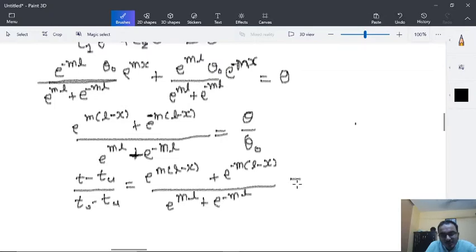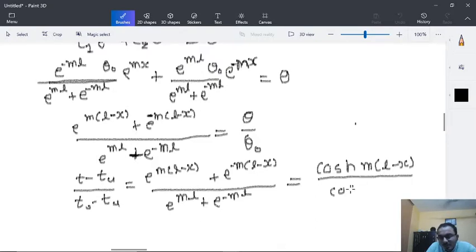So this is nothing but cos hyperbolic m(L minus x) divided by cos hyperbolic mL. So I would suggest you to do this portion by yourself. This is nothing but a hyperbolic equation for cos.